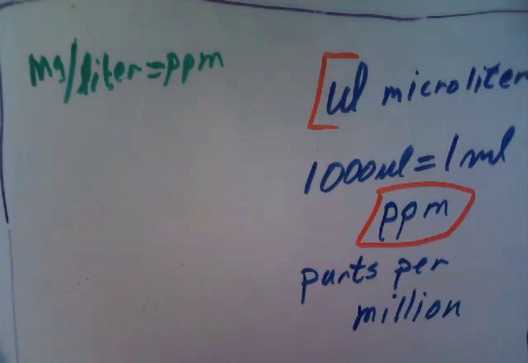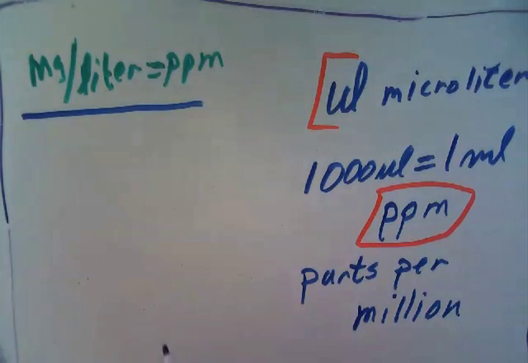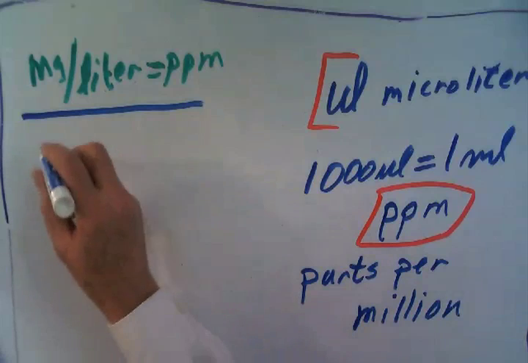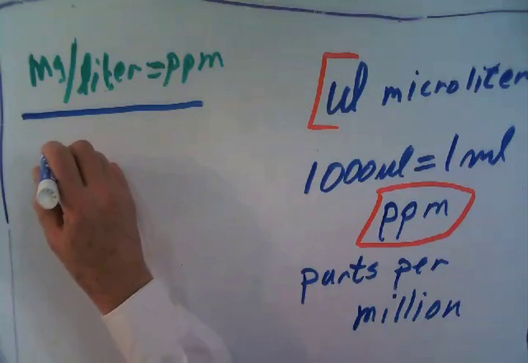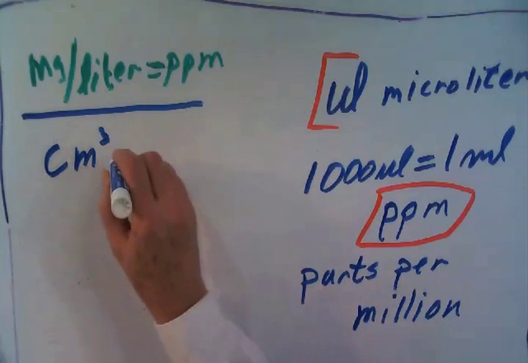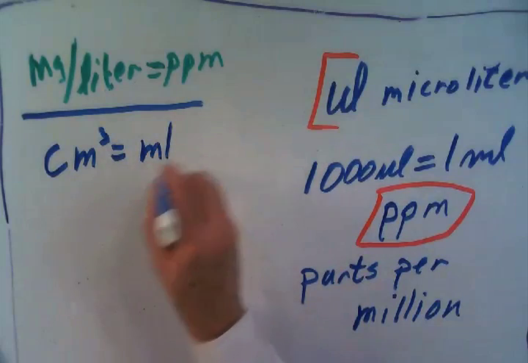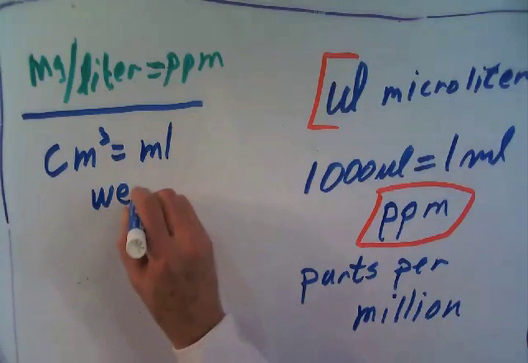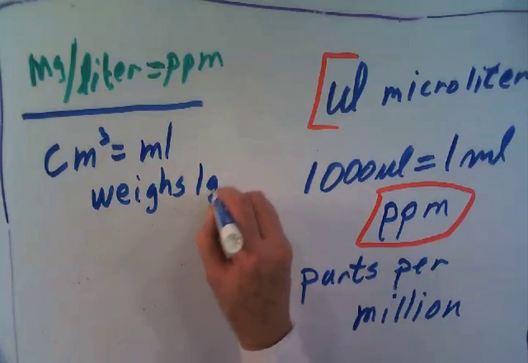You could look at this and say, but a milligram is a measure of weight, and a liter is a measure of volume. But one of the definitions that we use that's been around a very long time is that a cubic centimeter is equal to a milliliter, and it weighs 1 gram.